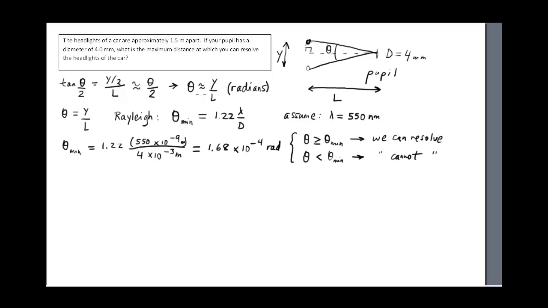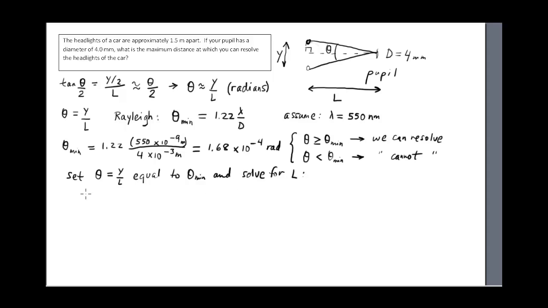Okay? So that's what we want to do. We want to set the expression for the actual angle of separation equal to the minimum angle and then solve for L. So let me just do that. Set theta, which is y over L, equal to theta min, and then solve for L. That's pretty easy to do at this point.